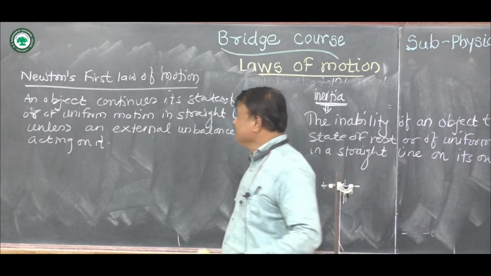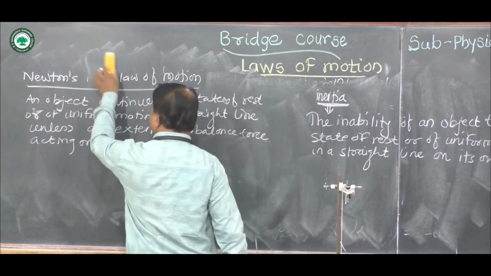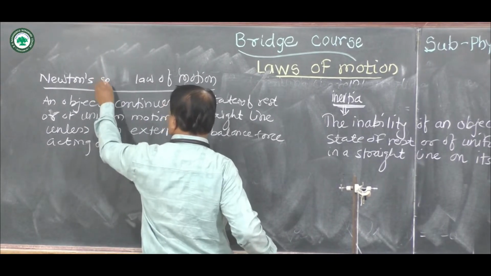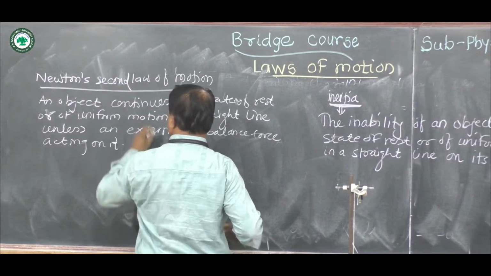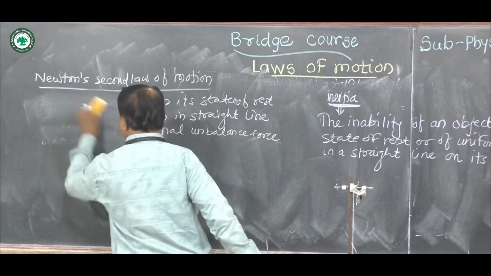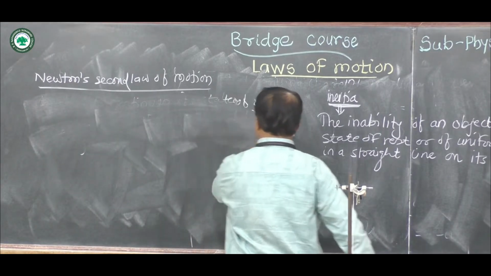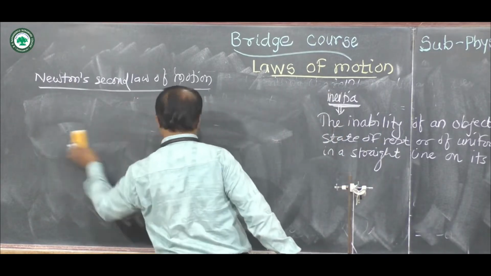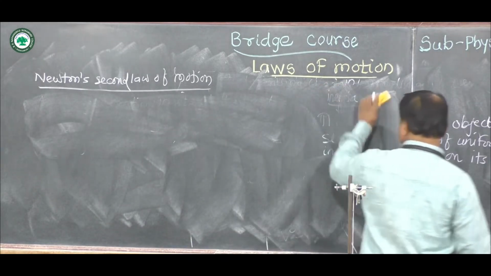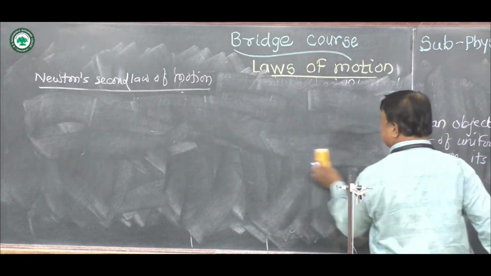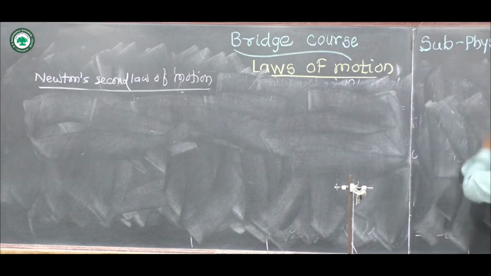Now we have to study Newton's second law of motion. For this, we need to know the momentum of a body. Before studying the second law of motion, we have to study momentum.